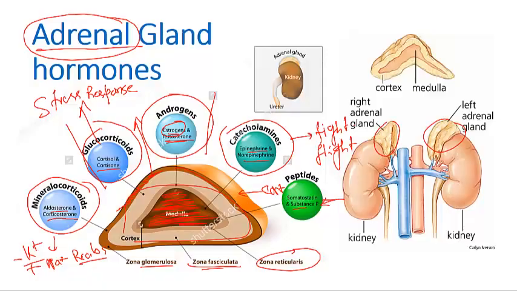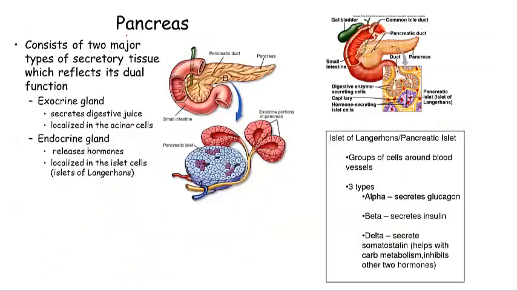Now let's move to the next organ, the pancreas. It's a different organ, though the pancreas is involved not only in digestion, because it secretes chemicals that help in chemical digestion of food, but besides that, the pancreas also has endocrine activity. It has two types of activity, as I told you, exocrine as well as endocrine.